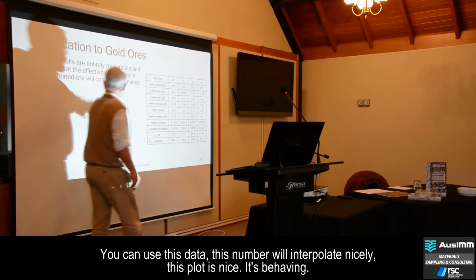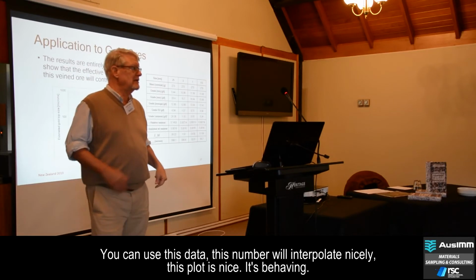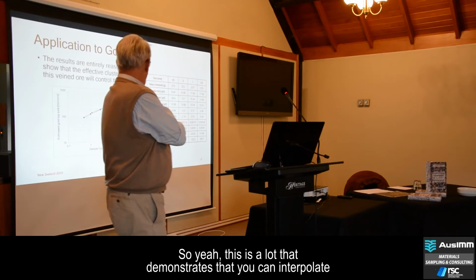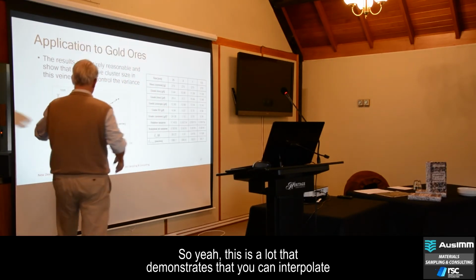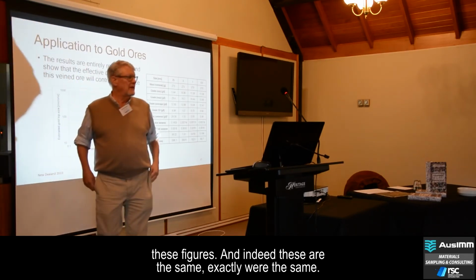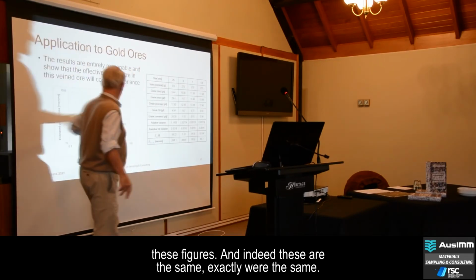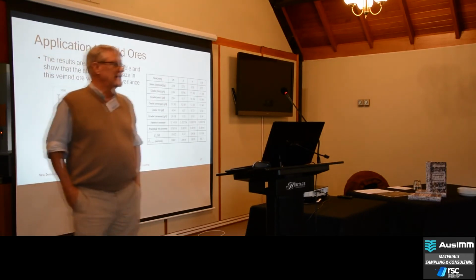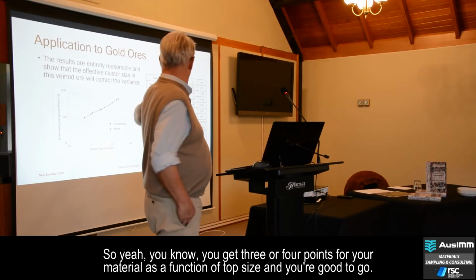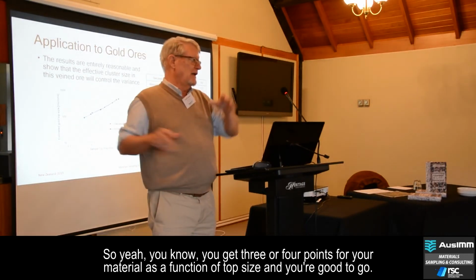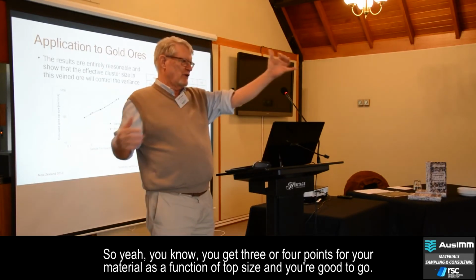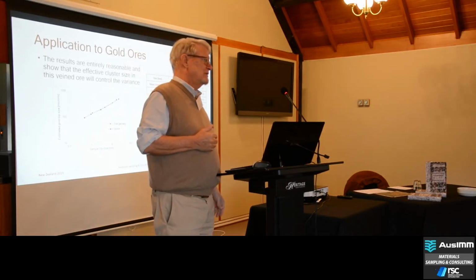This plot is nice. It's behaving. So yeah, this is allowed to demonstrate that you can interpolate these figures. And indeed these figures. That's what it's saying. Exactly what it's saying. So yeah, you know, you get 3 or 4 points for your material as a function of top size, and you're good to go.